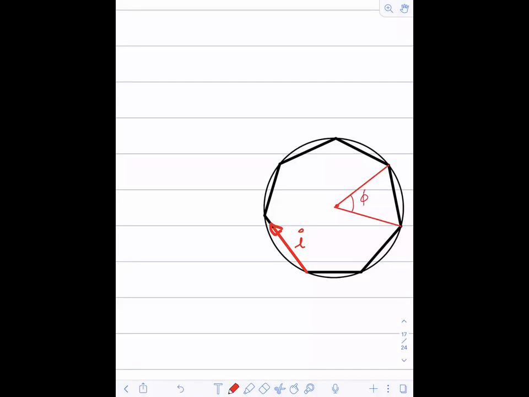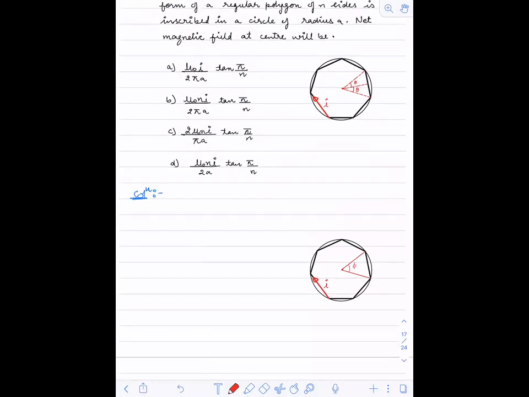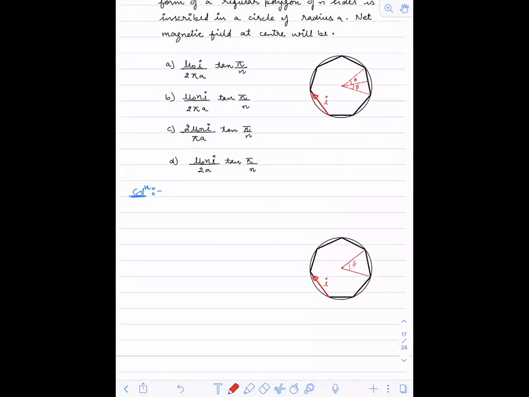If I assume this as phi, so can I write it as phi will be equal to 360 divided by how many sides are there? 1, 2, 3, 4, 5, 6, 7. Sorry, 7. So I can write it like this. 360 by 7 and then I will get the answer.